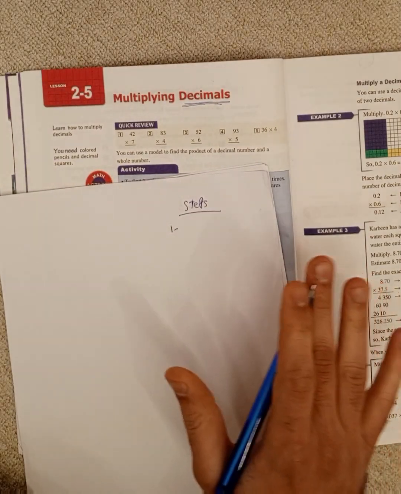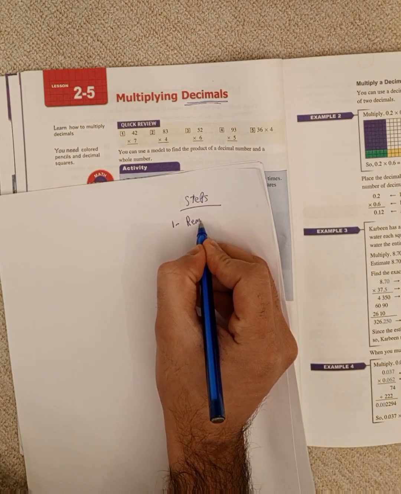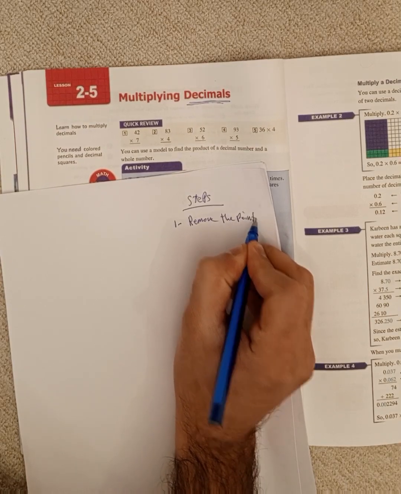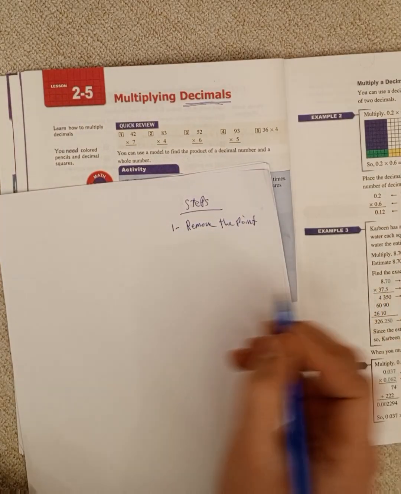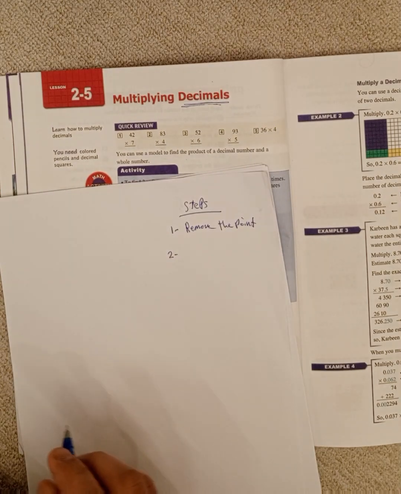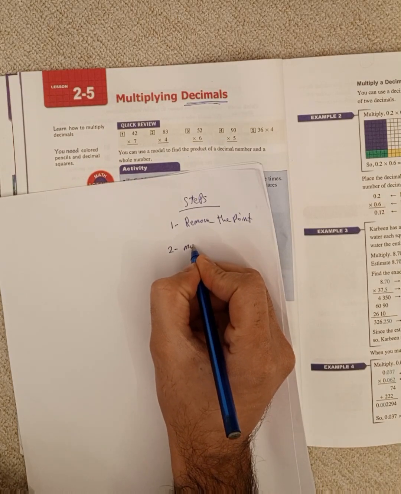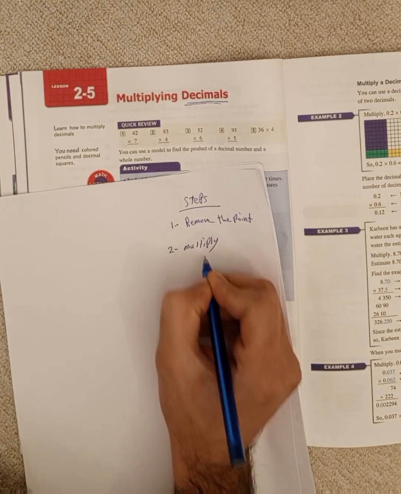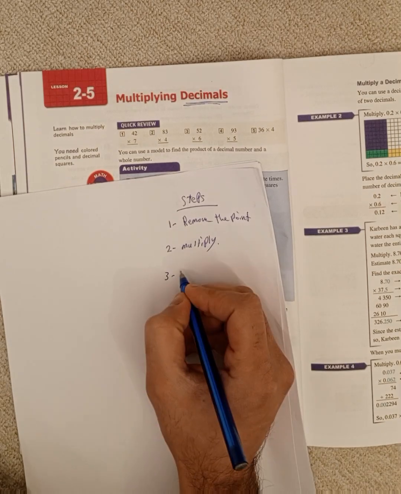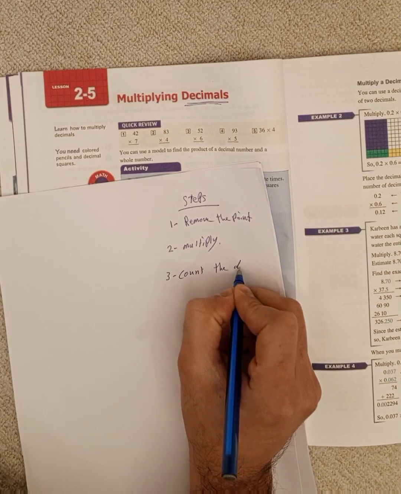First step, remove the point or ignore the points. The second step is multiplying, do your multiplication. The third step, count the decimal places.